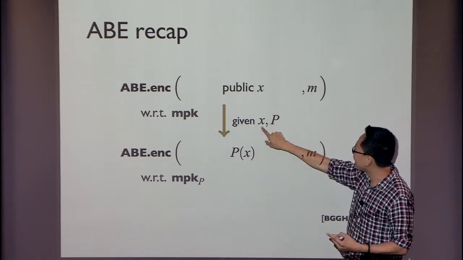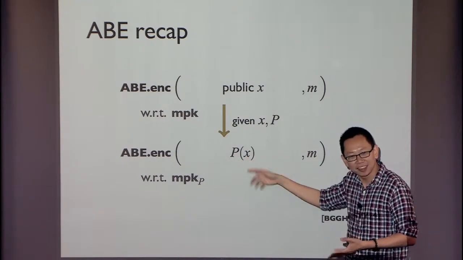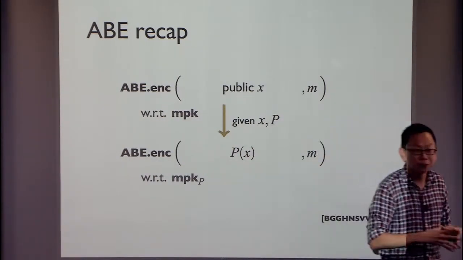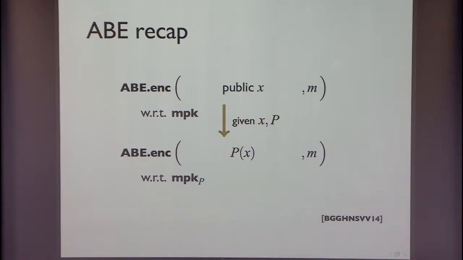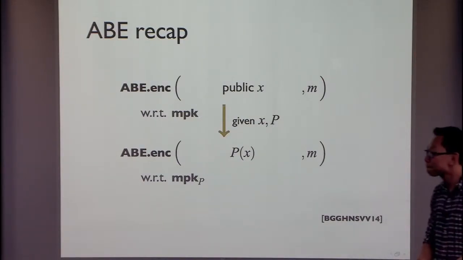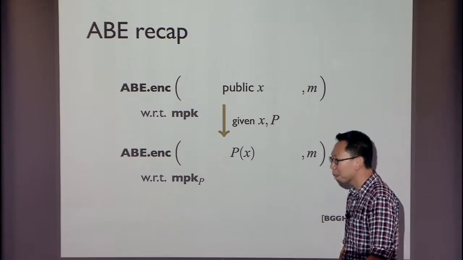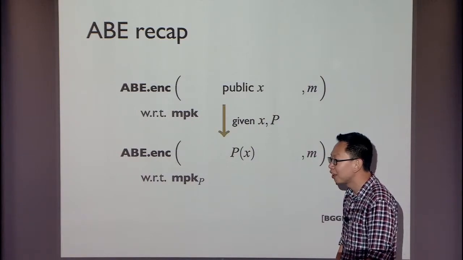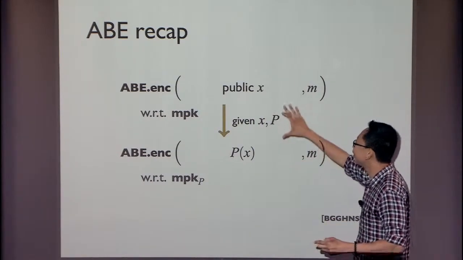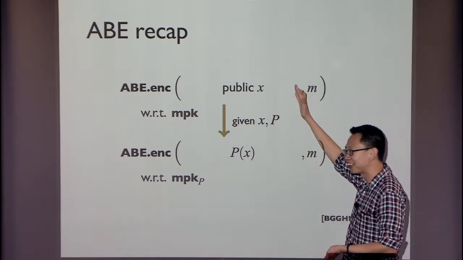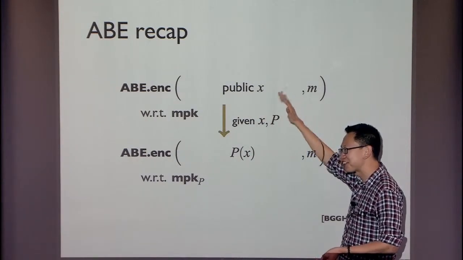Given the policy and the X, you compute an encryption of P of X, then you decrypt this value. So there's some sort of homomorphic evaluation going on during decryption. This is basically the same operation that Vinod was talking about. Sorry, no, this is just a recap of what Vinod talked about. I haven't said what our construction is.